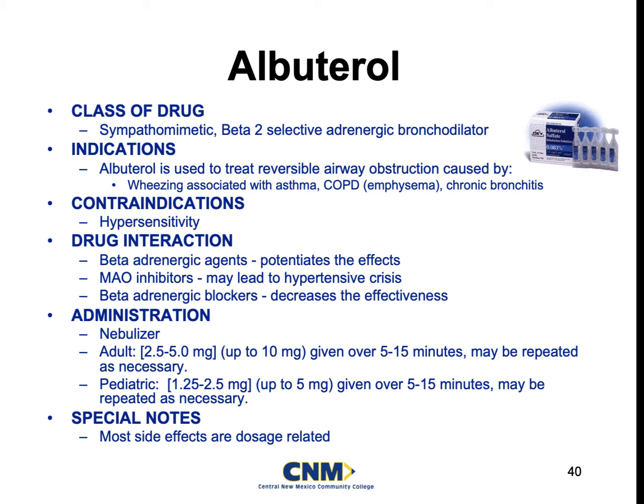So if I have something that's blocking that receptor and I'm giving a medication such as albuterol that's supposed to stimulate that receptor, but that receptor is already blocked, it can decrease the effectiveness on how fast that albuterol actually works, okay? The administration for this we do give through a nebulizer setup.